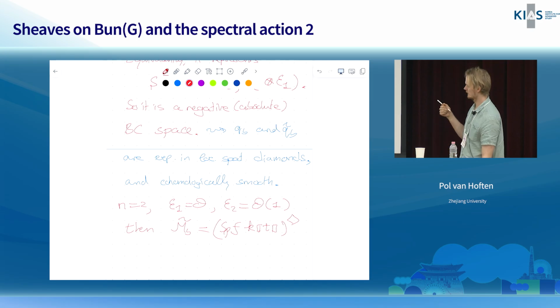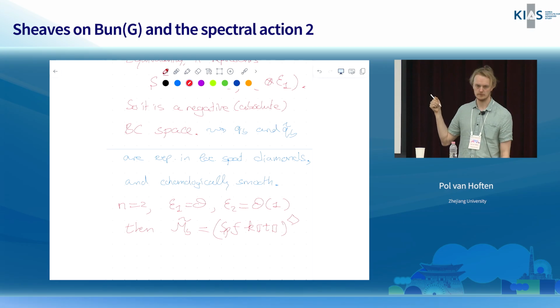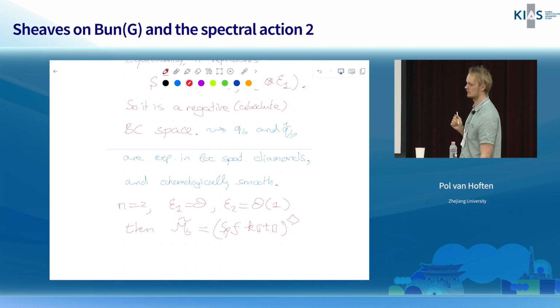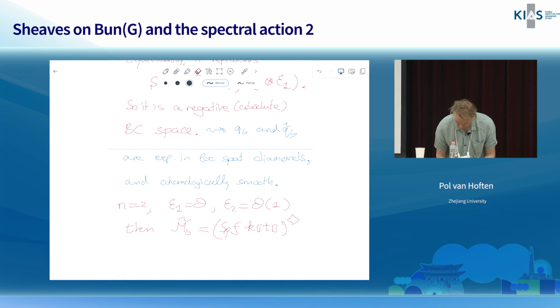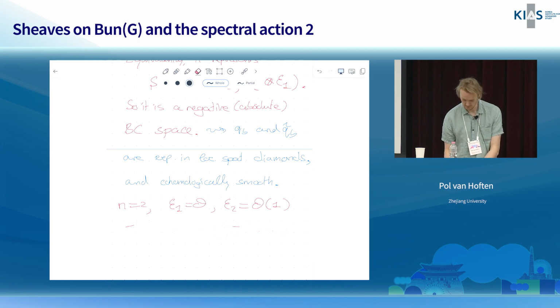Right, but I think this is also, you're not so sure? Okay, you don't think it's that. Okay, then let me erase this. This is the one where if you base change to a field, you get affine space modulo p.